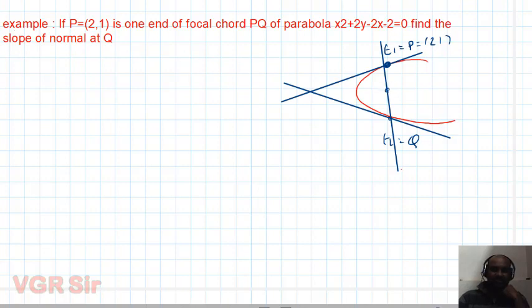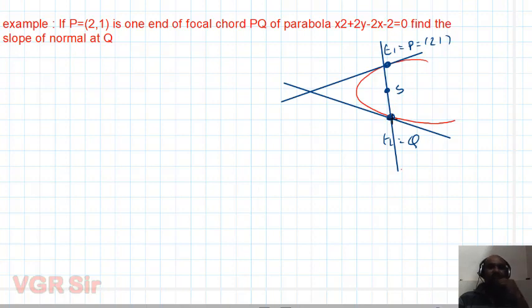Somewhere S here. We don't know what the coordinates of S are, that is not important. The question says that P (2, 1) is a point on one end of the focal chord of the parabola x square plus 2y minus 2x minus 2 equal to 0. Then we want to find the slope of the normal drawn through Q.